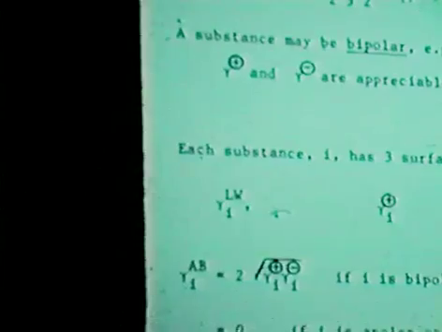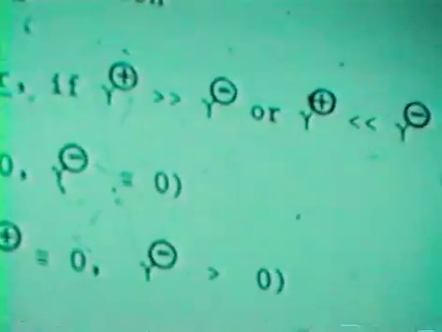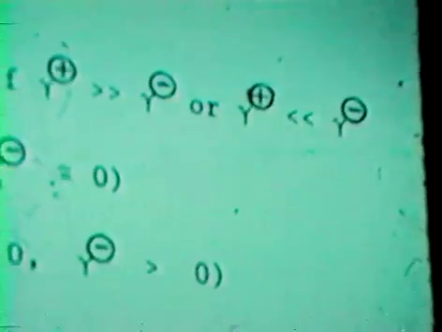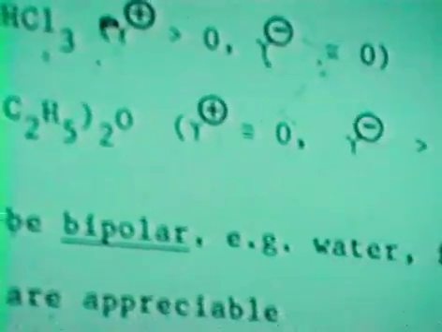A substance may be considered apolar if the apolar component is very much greater than either or both of the acid and basic components. For example, Teflon is apolar. A substance is monopolar if the gamma plus term is very much greater than the gamma minus, or vice versa. An example here is chloroform, or a ketone or an ether.